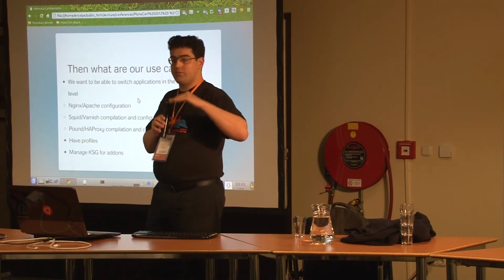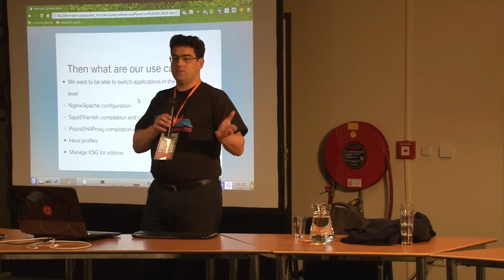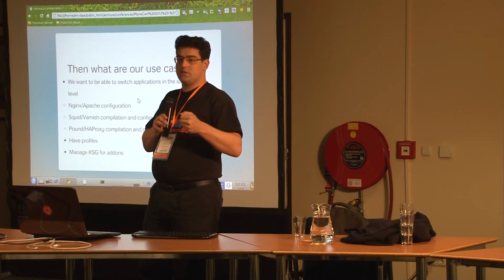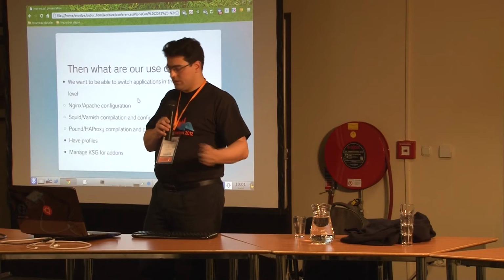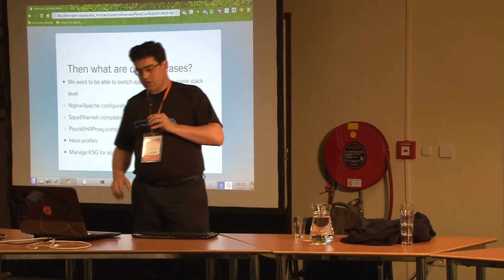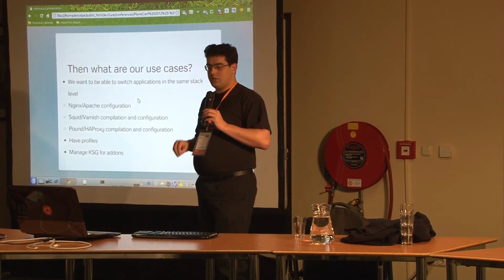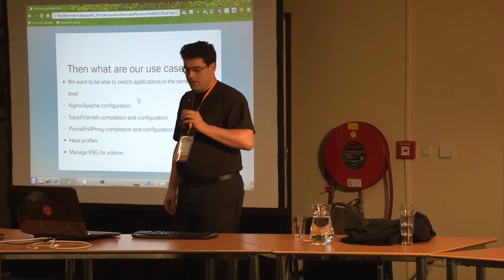Then, we need profiles to manage development and production deployment, as a shared hosting or ZEO cluster. And also, very important, we have to manage a non-ghost set for add-ons.